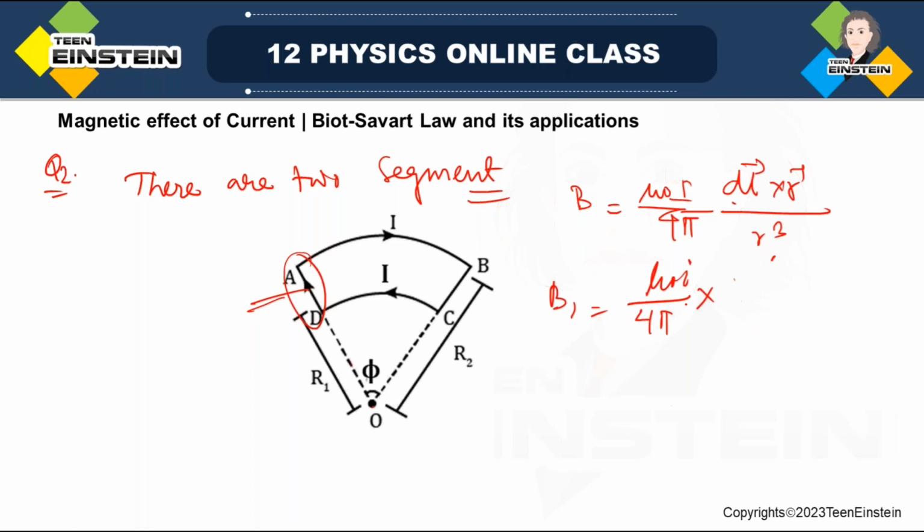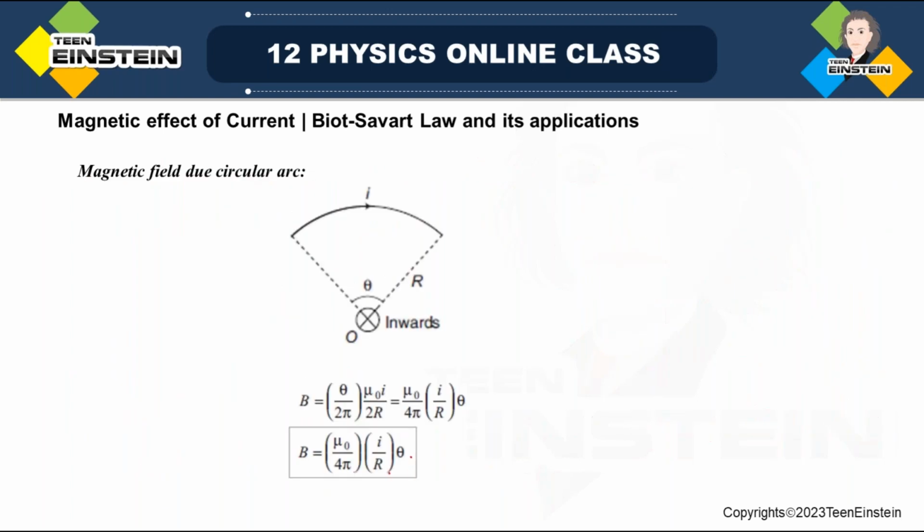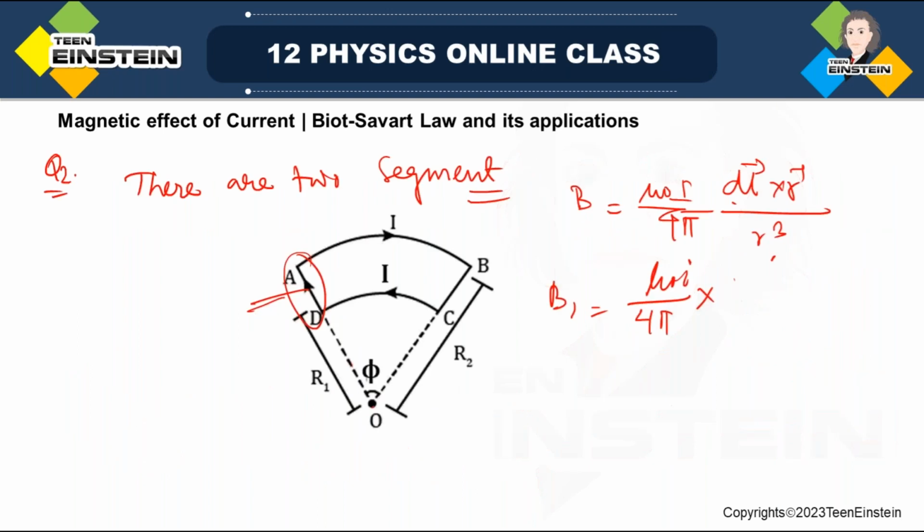So B1 is equal to mu 0 by 4 pi I by r1 into theta.